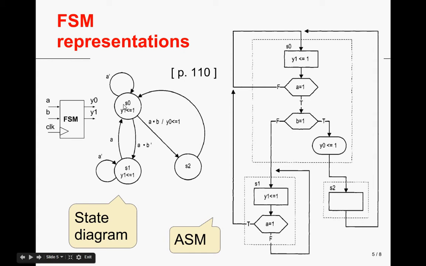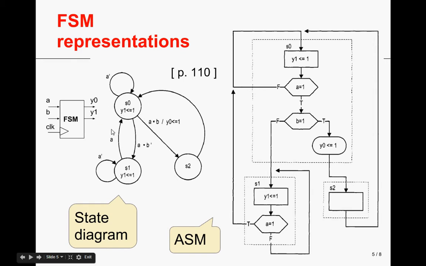In the case of state diagram, we use circles to represent states, and arcs to represent the transitions between the states. In this case, we are looking at a small finite state machine that might be represented as illustrated in the left. In this case, we have two inputs called A and B, and two outputs called Y0 and Y1.